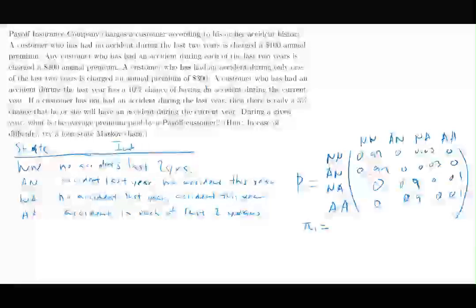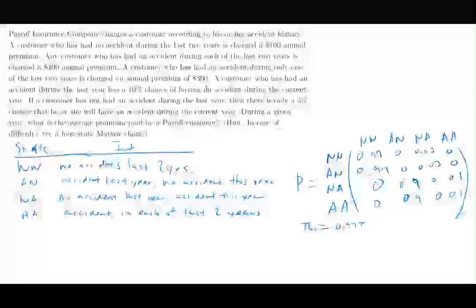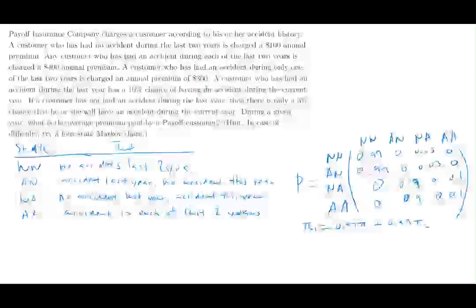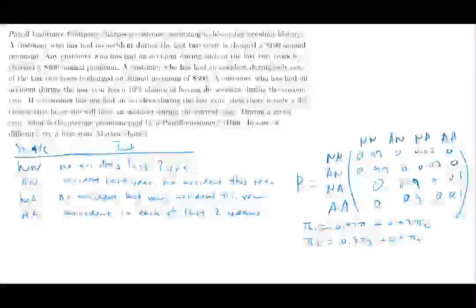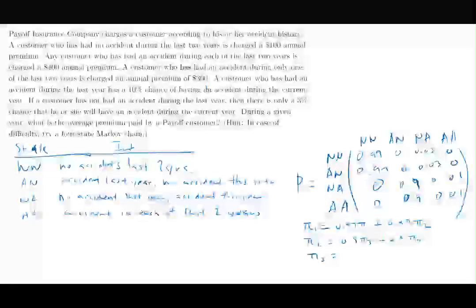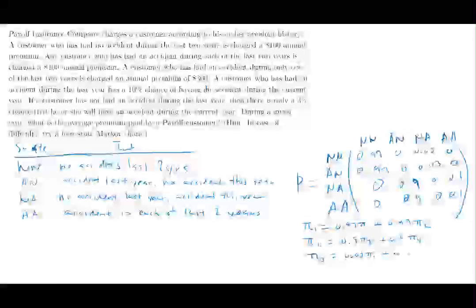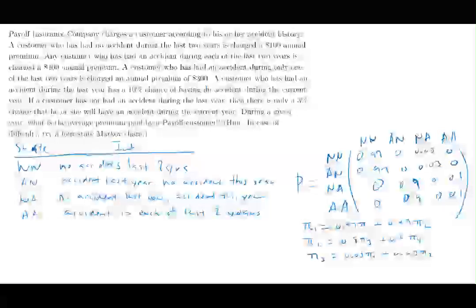Pi 1 equals 0.97 pi 1 plus 0.97 pi 2. Pi 2 equals 0.9 pi 3 plus 0.9 pi 4. Pi 3 equals 0.03 pi 1 plus 0.03 pi 2.